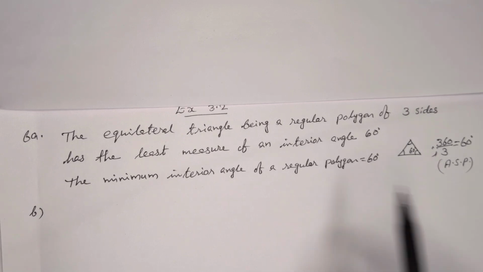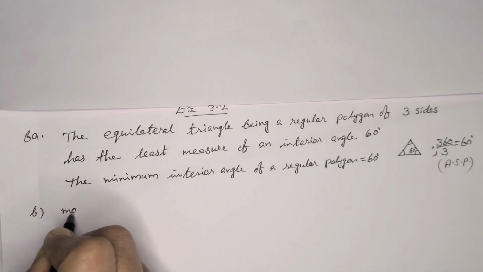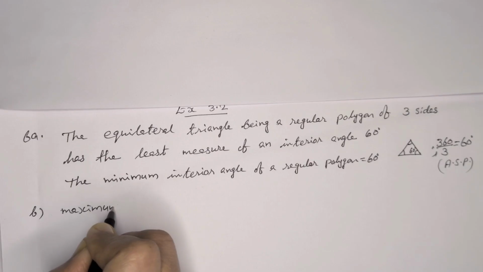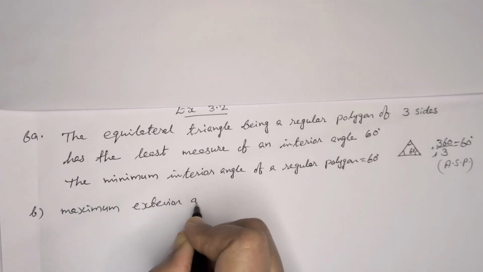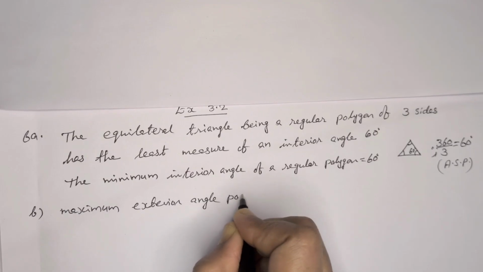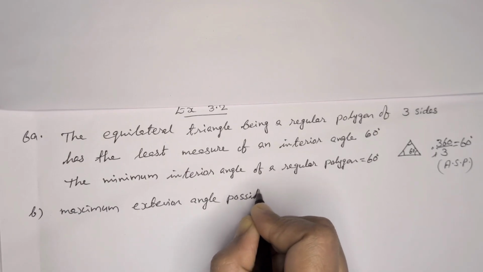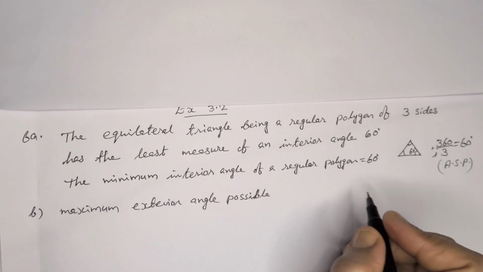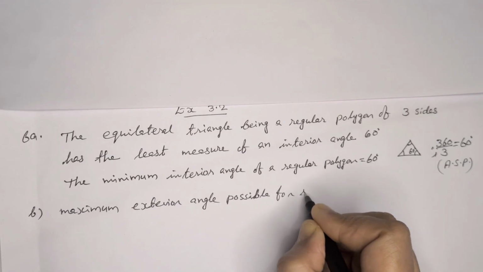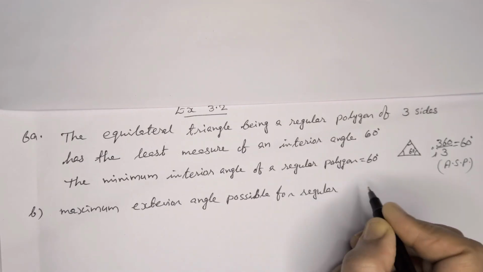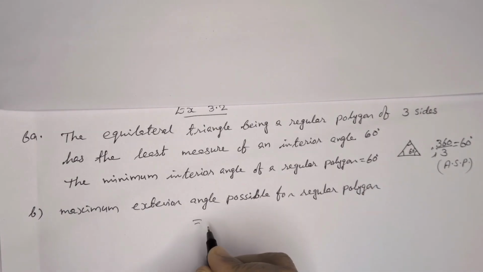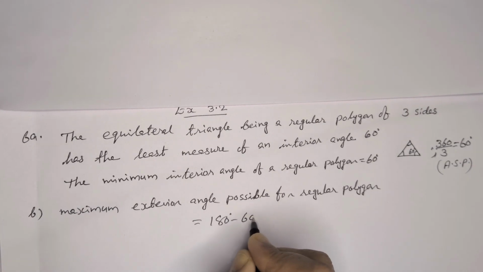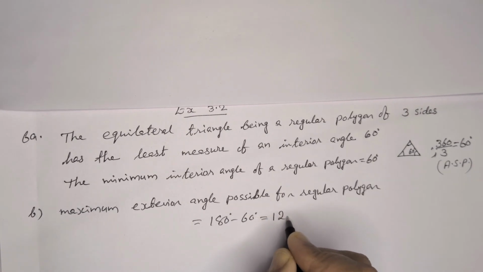Then the maximum exterior angle possible for a regular polygon is equal to 180 minus 60, which is equal to 120 degree.